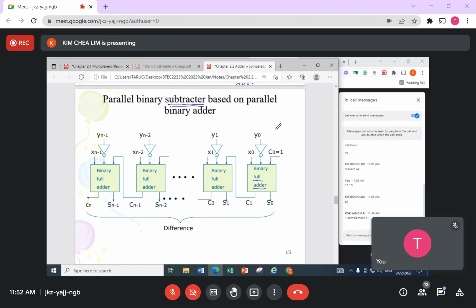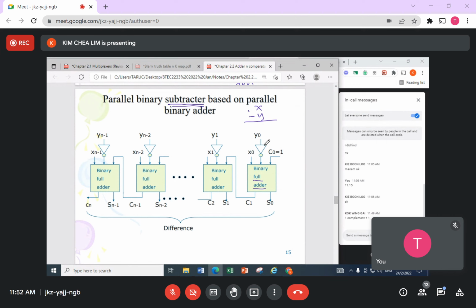So how do I do it? X minus Y. So X, don't do anything. Y, I make it go through an inverter. All the Y bits, make them go through an inverter. By making it go through the inverter here, it's the same as saying the 1's complement.